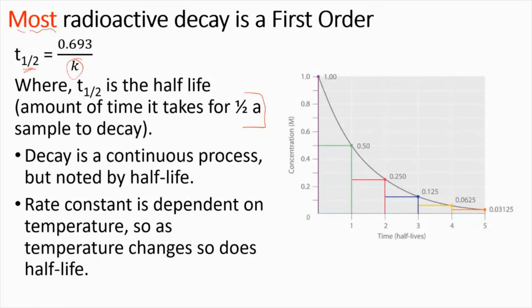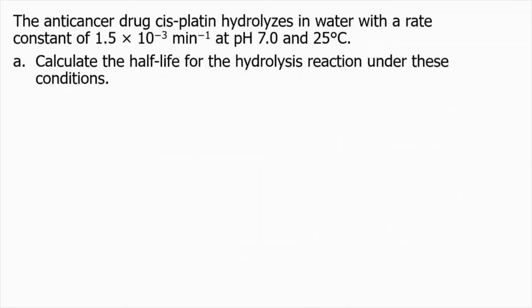All right, so our rate constant again is dependent on temperature. So as temperature changes, so does half-life. All right, half-life is, when we graph it, an exponential decay.